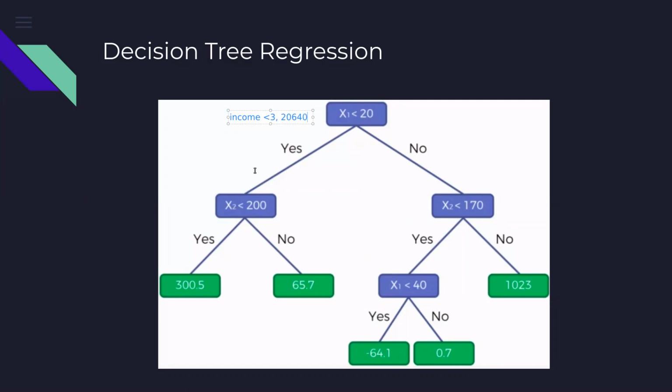Suppose based on this criteria, we get here maybe 10,000 records, and here we get the remaining 10,640.